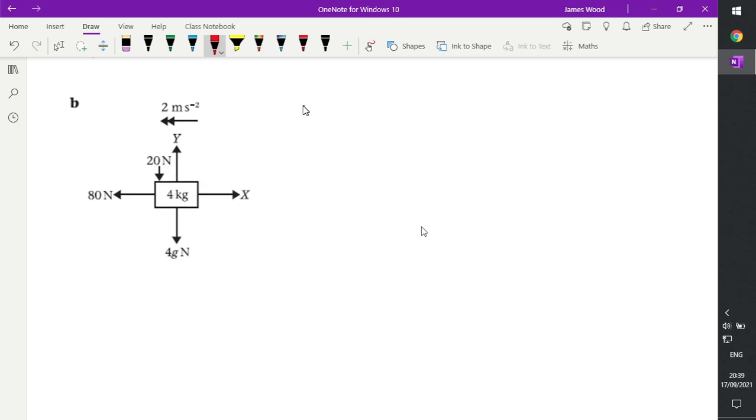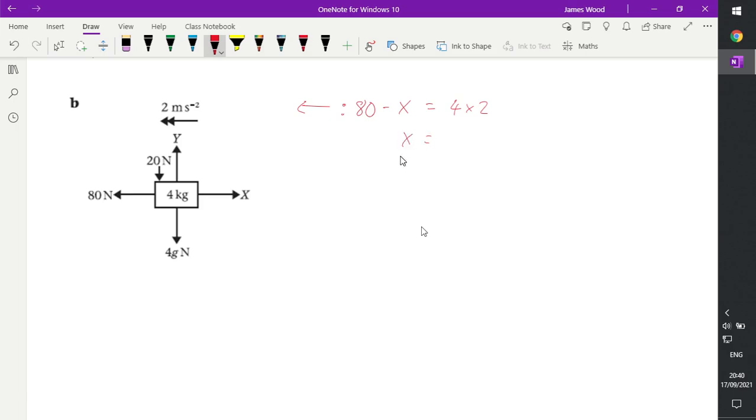I'm going to resolve left first of all, which is the direction it's accelerating in. So I've got 80 newtons minus x newtons, and that equals mass times acceleration. So that's 4 times 2, because it's going 2 meters per second left. And then I can solve this.